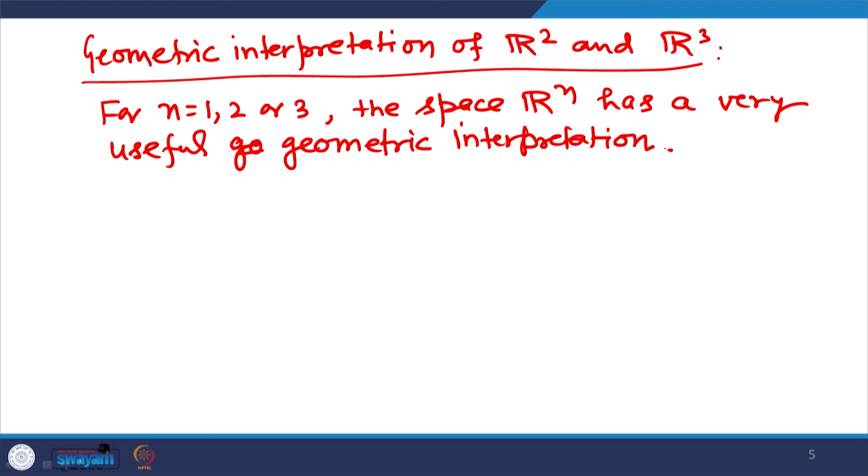For n greater than 3 we cannot see it in general, but for n equals to 1, 2 or 3 we can have this beautiful geometric interpretation. How? Let me explain it.